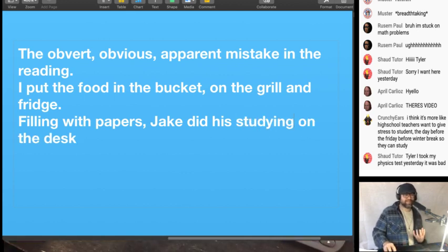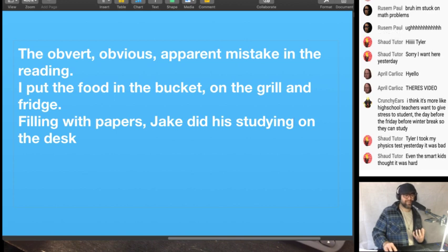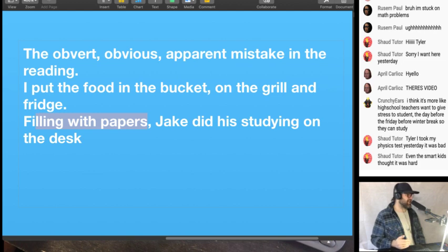We have this modifier, filling with papers, and it seems to describe Jake. Jake is the next noun over. So because of that, we know that Jake isn't filling with papers. We know that the desk is filling with papers. So we could say Jake did his studying on the desk, filling it with papers. So yeah, that's an example of a misplaced modifier.